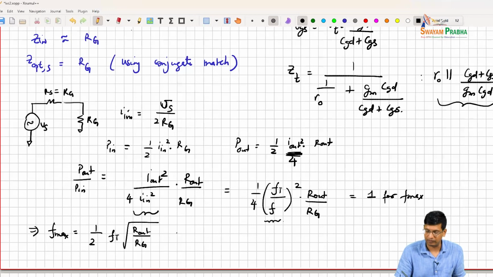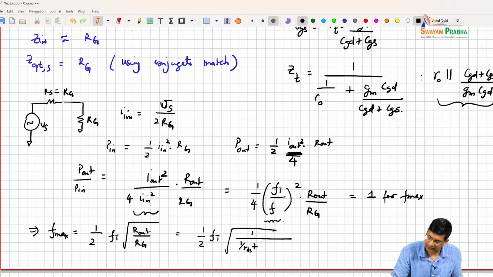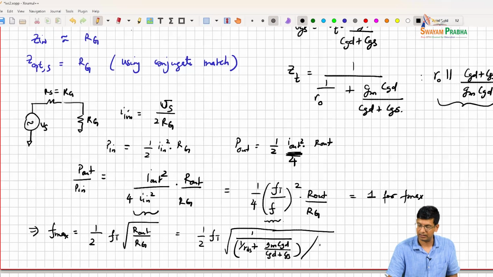We already showed that R out is going to be RO plus RDS plus Gm CGD divided by CGD plus CGS, and this whole thing divided by Rg, right?